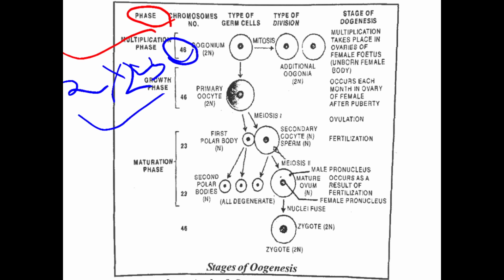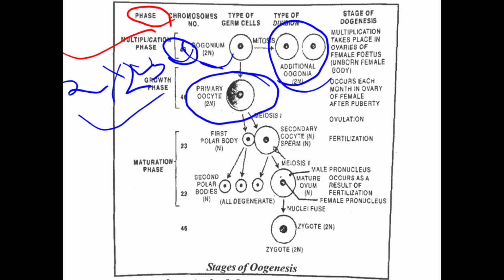The oogonium undergoes the first mitotic division to form oogonia. Multiplication takes place in the ovaries of the female fetus, the unborn female baby. After that, in the growth phase, the oogonia get larger in size to form the primary oocyte.